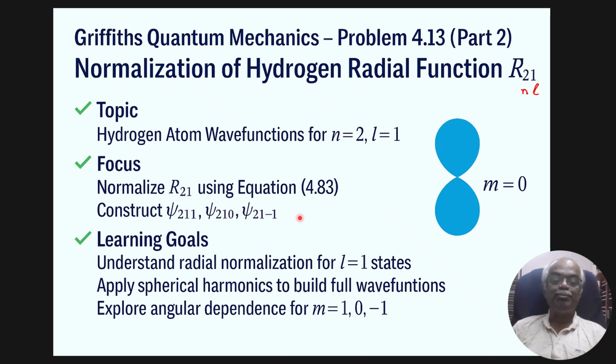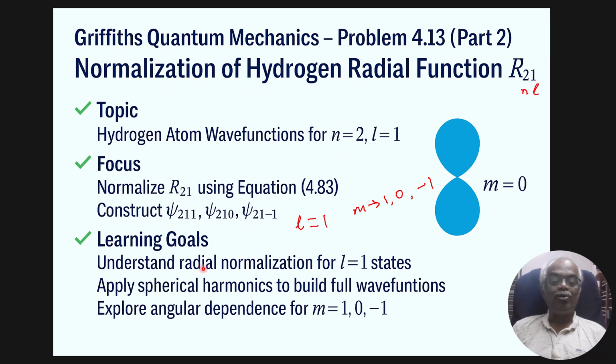It's very simple. If L is equal to 1, then m will be 1, 0, minus 1. It will take three values, so we are going to consider all three values.